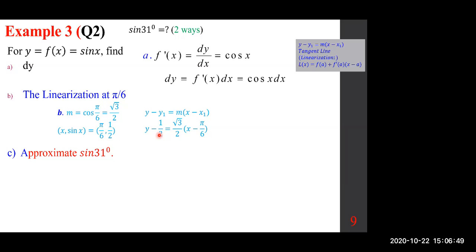You distribute the square root of 3/2, you get square root of 3/2 x, you multiply it by this one, you get square root of 3 pi over 12, and negative 1/2 moves to the other side as positive 1/2, okay, class? So the y, or f of x, in this case, L of x, I should say, because it's a linearization, so change this to L of x.